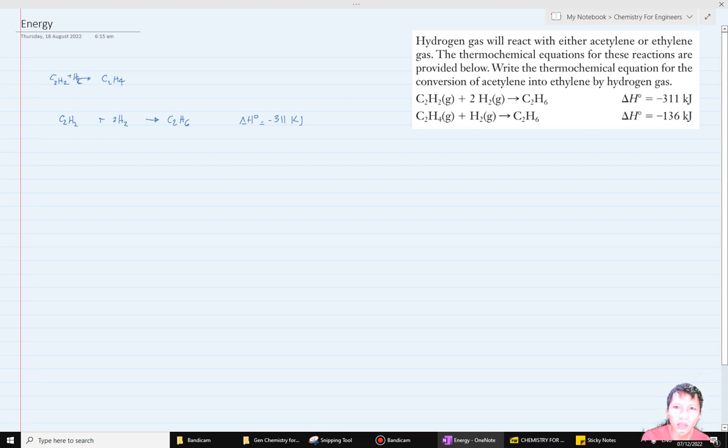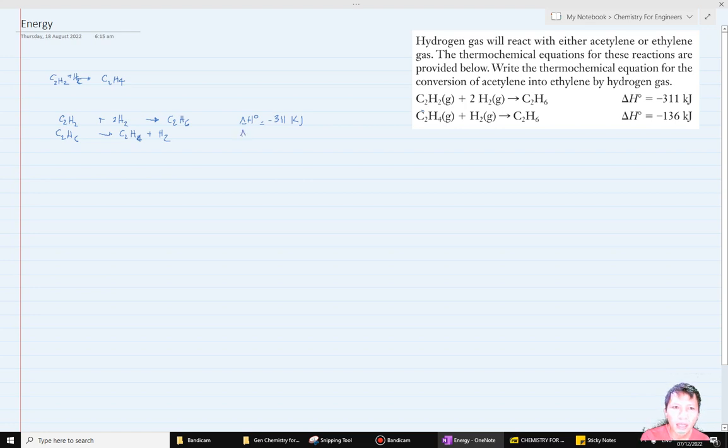This one I should reverse: the chemical reaction of C2H6, and then it will form C2H4 plus your hydrogen.